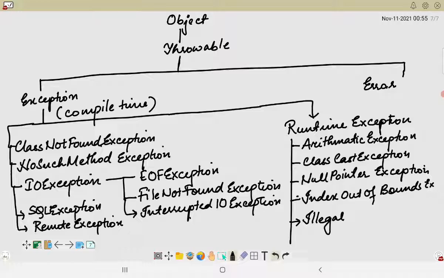Okay, so illegal argument exception: under this we again have number format exception, etc. So these are just some of the important classes of exception. However, there might be thousands of such exceptions built inside Java, and we may make use of any one or multiple of these exceptions in our programs in order to handle them both at the compile time and the runtime.